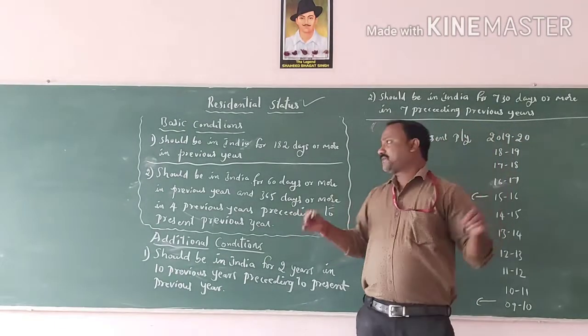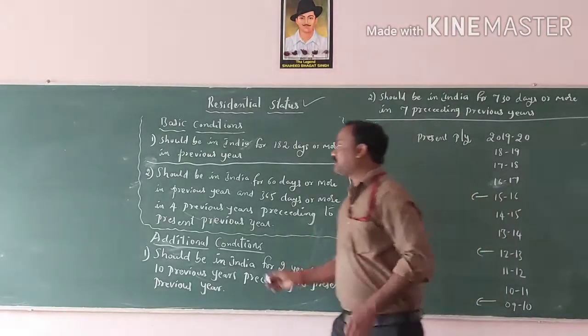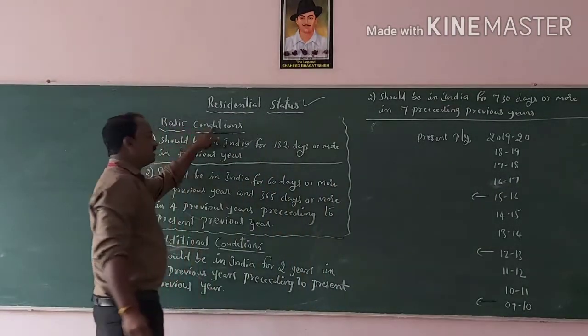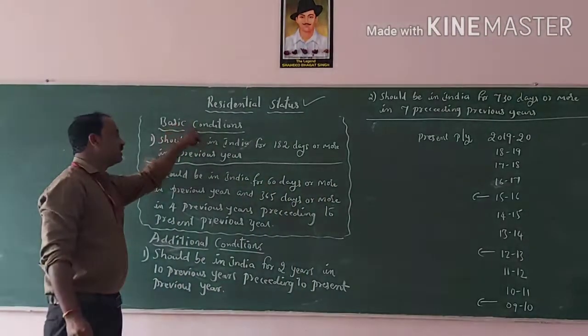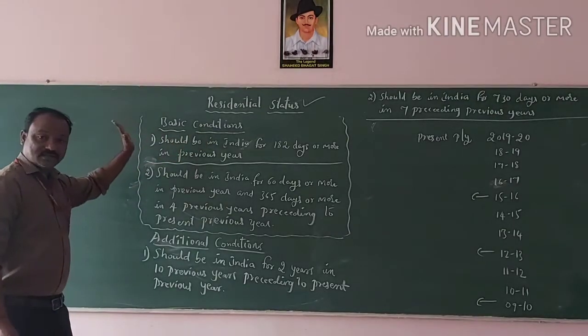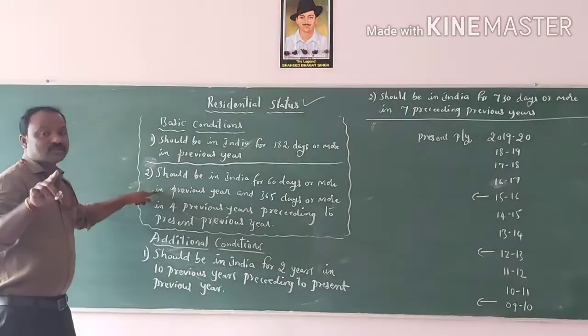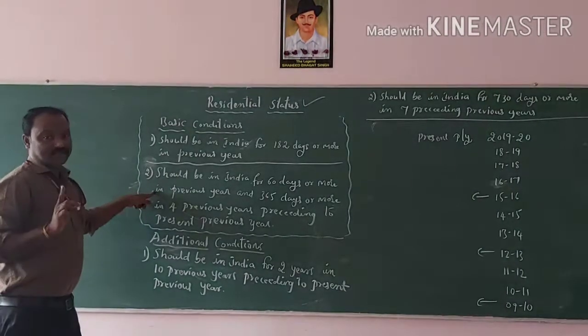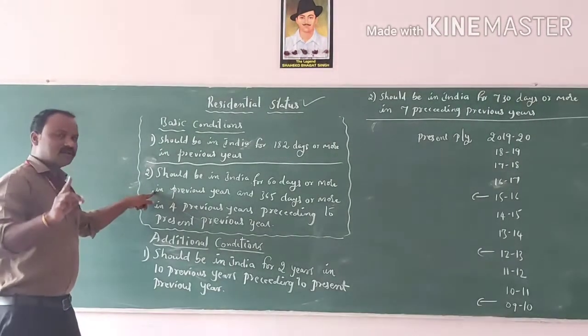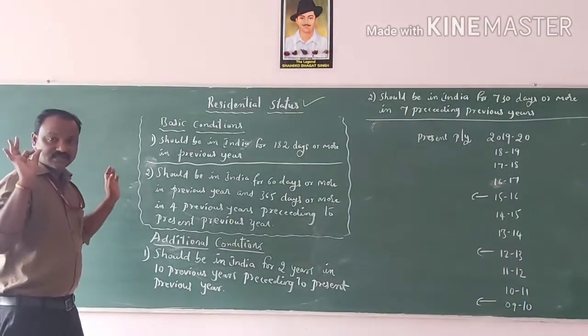After that, I will come to the conditions. The first one is basic conditions, where 2 conditions are there. A person has to fulfill at least one condition, or both conditions.